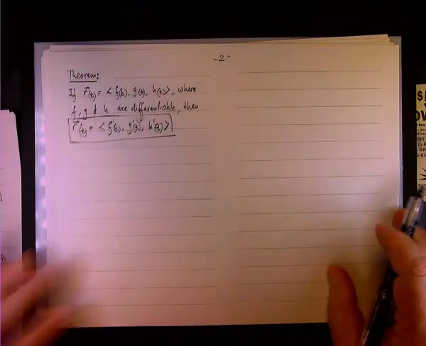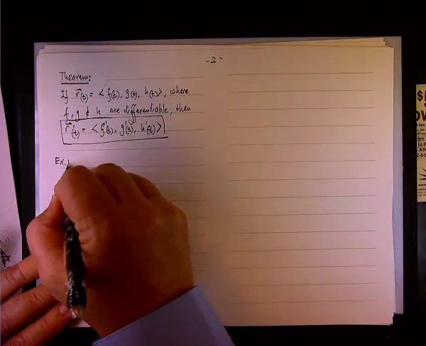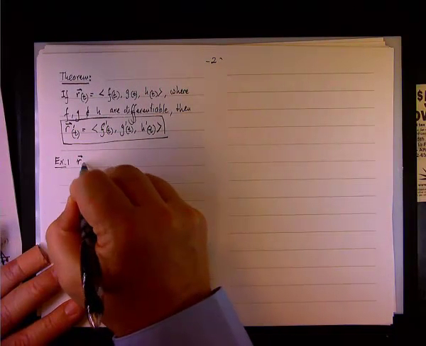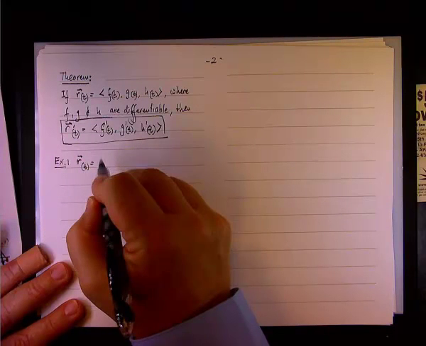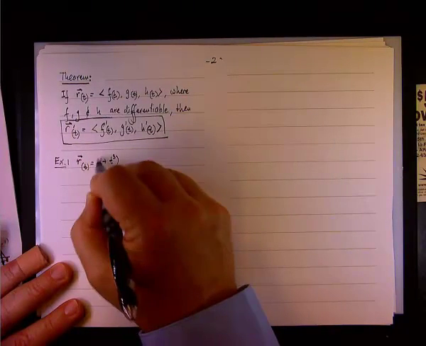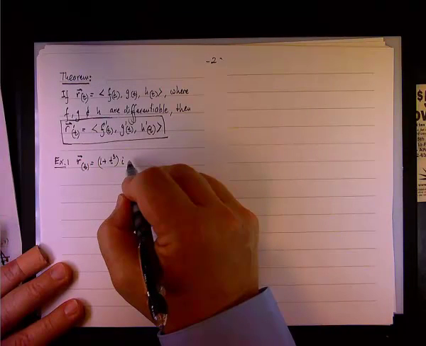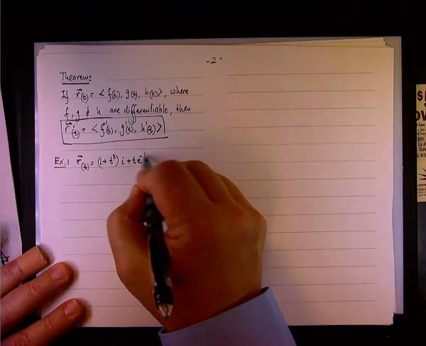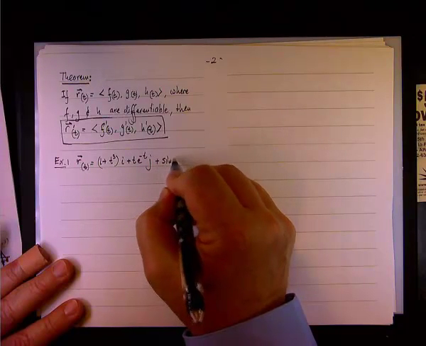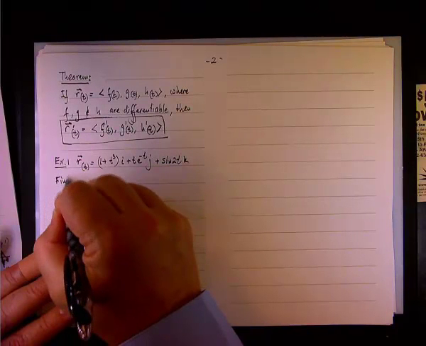I mean, there is really no tricks here. First example. The examples today are rather trivial for the most part, so nothing to get too excited about. r of t is 1 plus t cubed in the i direction, then plus t e to the negative t in the j direction, and sine of 2t in the k direction.